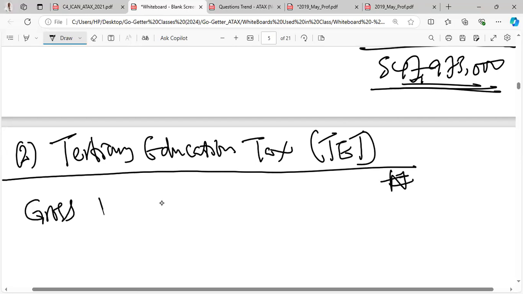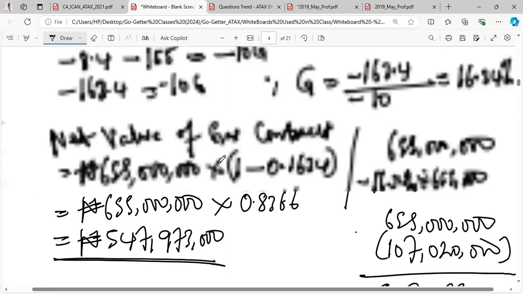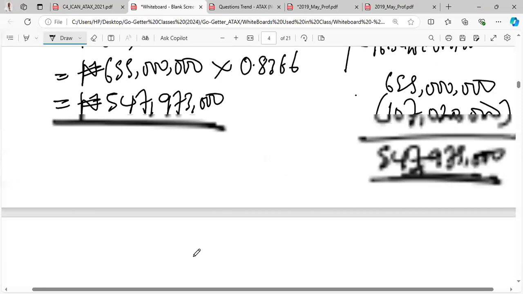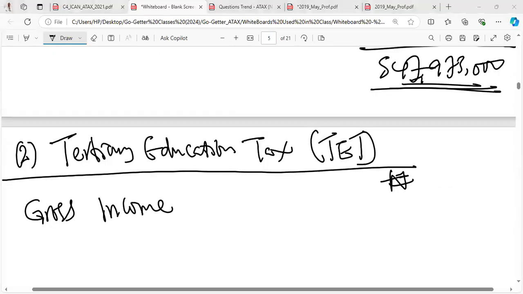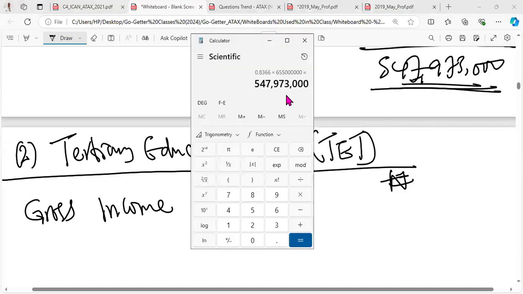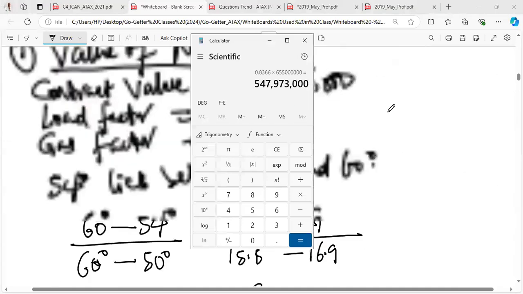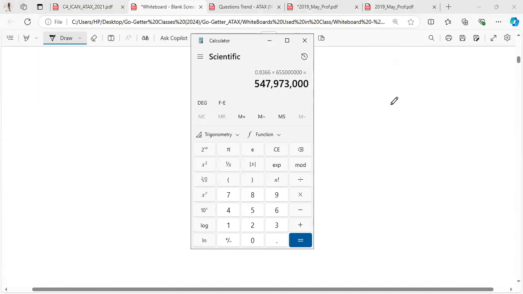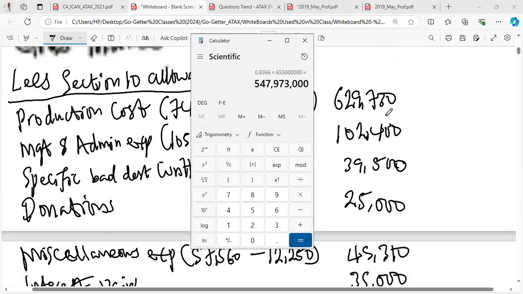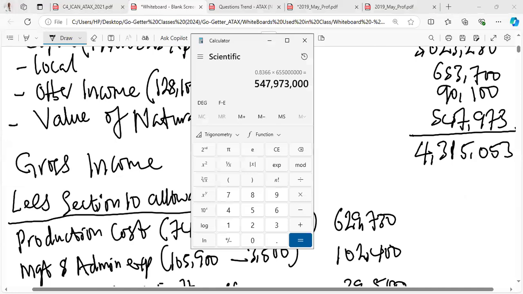How much was our gross income that time? I think I have the figure on my calculator here. 547. No, that can't be my gross income. Let's check it out. I think, yes, that's it here.